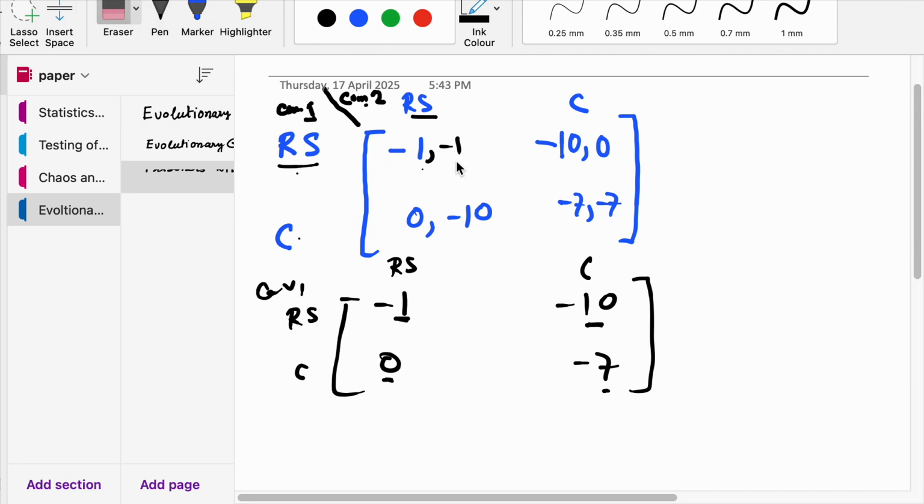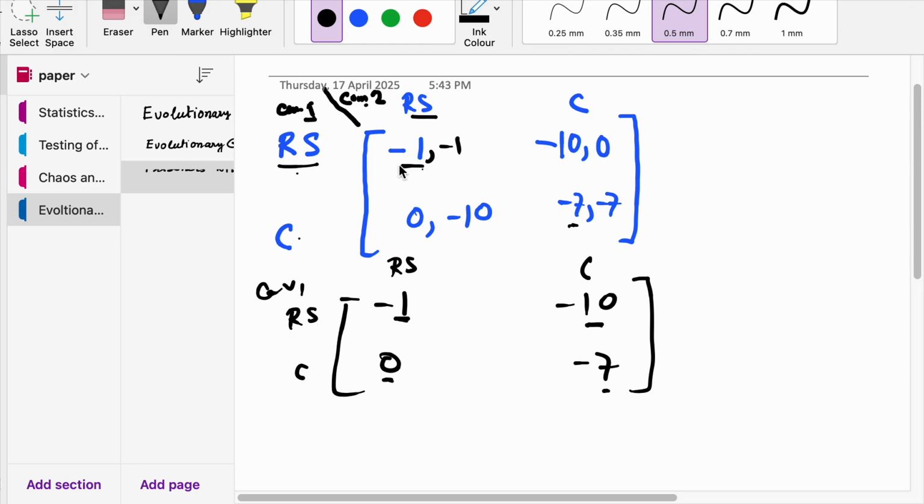So if they remain silent, they are getting more punishment compared to if both confess? No, no. Minus 1 means 1 year in prison, and minus 7 means 7 years in prison. But then, as far as the ordinal relations are concerned, how will we maintain that?